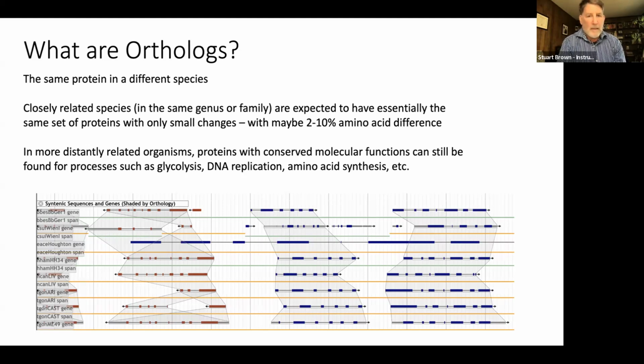So when you're looking, like in a synteny plot, at closely related species that might be in the same genus or the same family, they're expected to have the same set of proteins with relatively small changes, both in the protein set and in the amino acid sequences of the individual proteins. However, we can find orthologs, the same protein with the same function, in more distantly related species, particularly for highly conserved processes, glycolysis, DNA replication, etc.